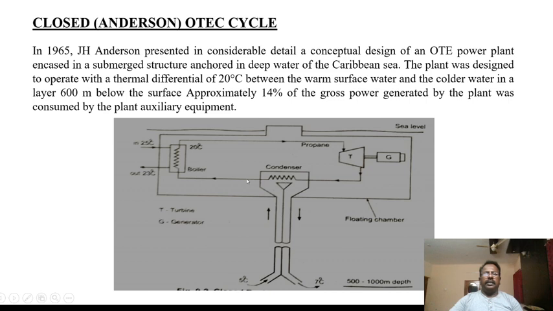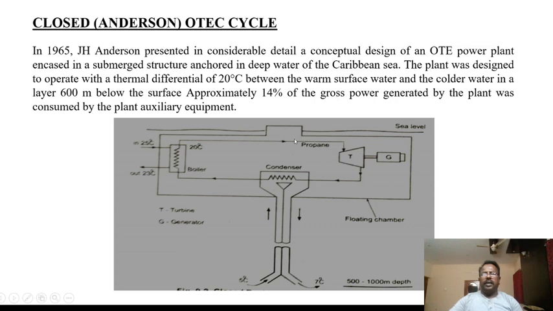So the working fluid propane enters the boiler here. Heat is transferred from the warm water to the propane, and this temperature is enough to convert the propane from liquid to vapor. The vapor of propane, at low pressure, will enter the turbine.